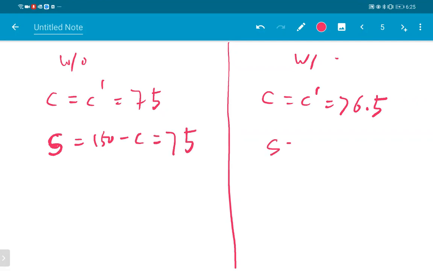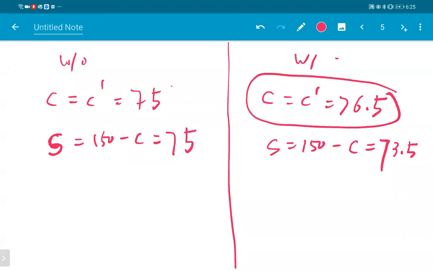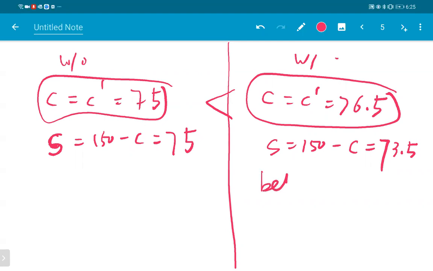Now here, saving equals 150 minus C, which is 73.5. Now look at your lifetime wealth: clearly, under Social Security you consume more than the case without Social Security, meaning you are better off. And you save less.